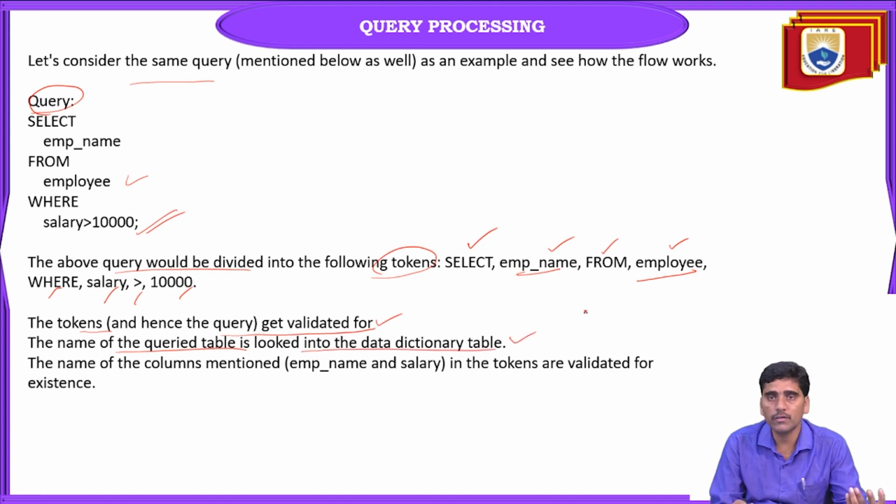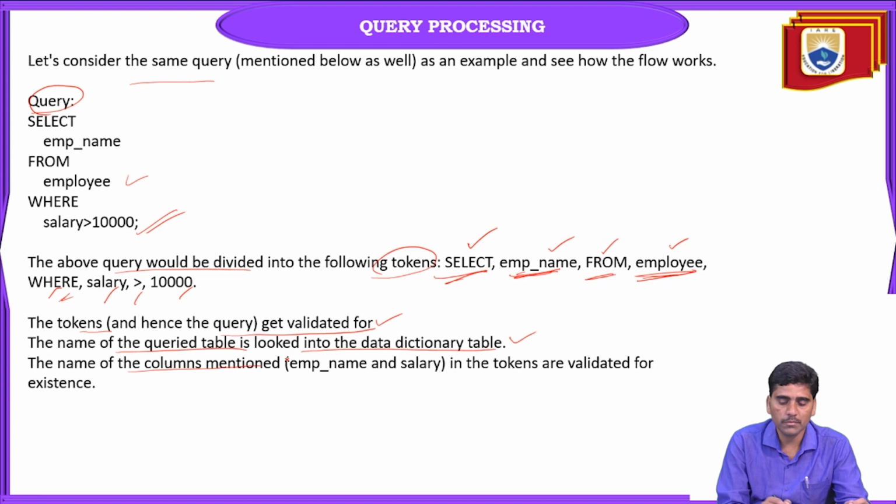So it verifies each and every thing: whether select is a command or not, whether employee name is a column name or not, whether from is a command or not, whether employee is the table name or not, whether where is a command or not. Everything will be checked by the syntactic and semantic analysis.